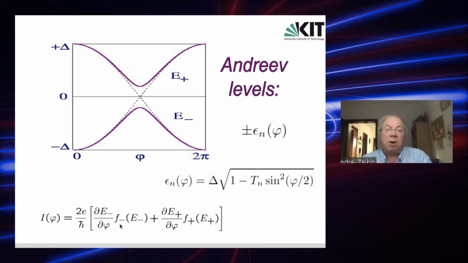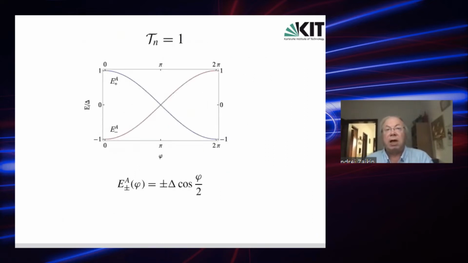And if you have a Fermi distribution, which you always have in equilibrium, then you reproduce just the same formula which I showed on the previous slide.